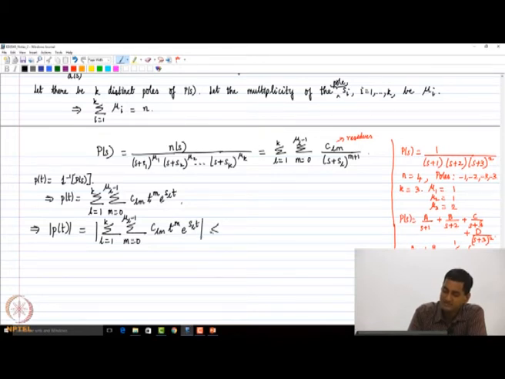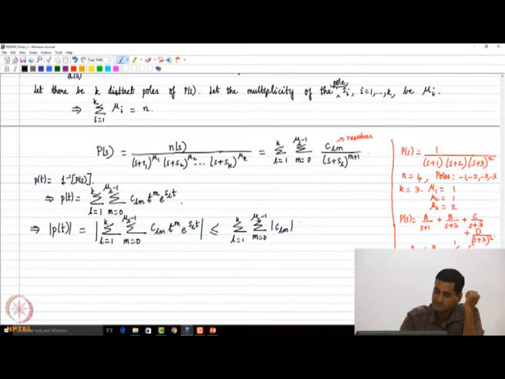Once again we use the triangle inequality: the absolute value of a sum of numbers is less than or equal to the sum of the individual absolute values. So I'll have this. Do you agree? That's what we'll have.